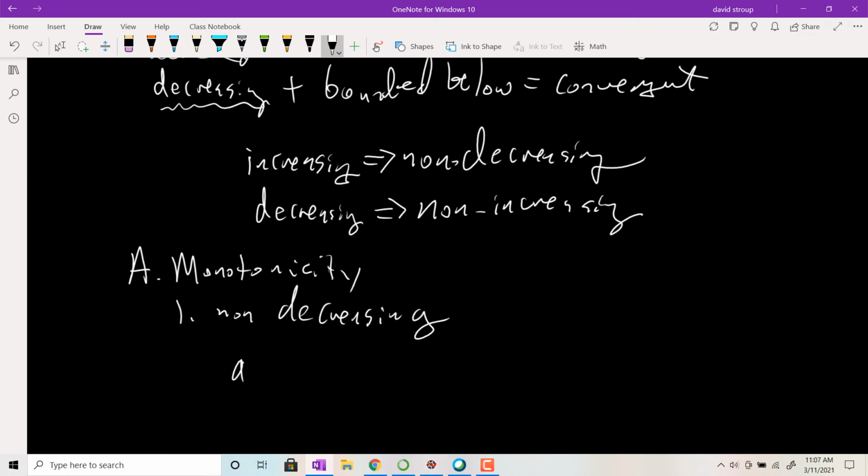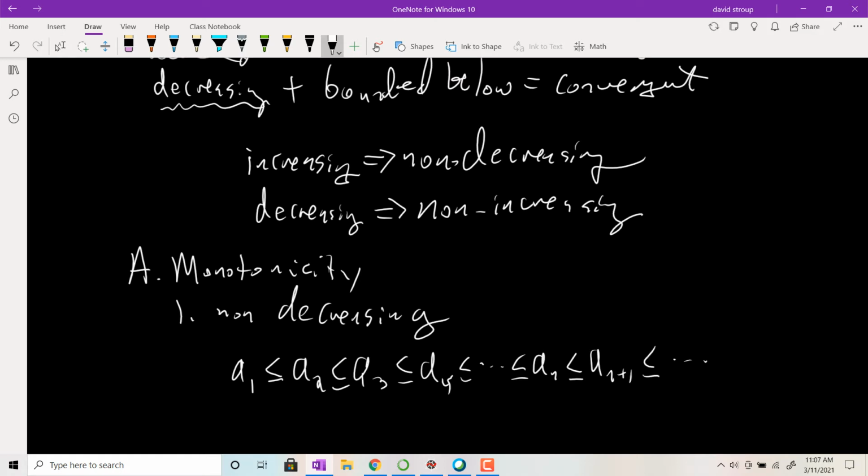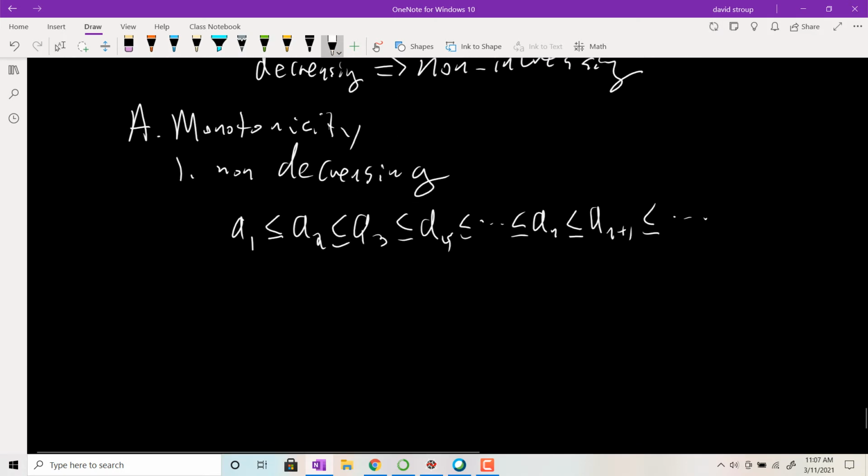For non-decreasing, a sub 1 will be less than or equal to a sub 2, which is less than or equal to a sub 3, etc. The second one then is, of course, non-increasing.